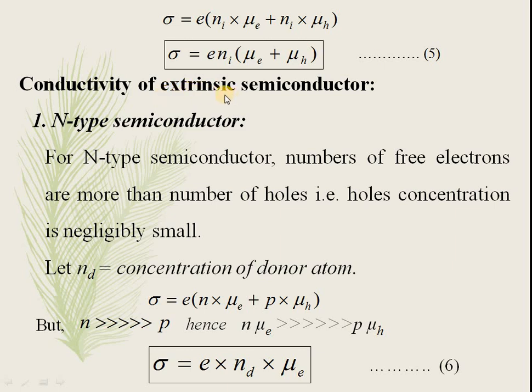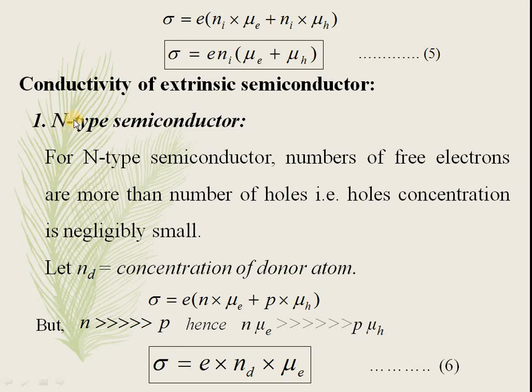Those semiconductors are known as extrinsic semiconductors. Pentavalent or trivalent impurity is added to increase the electrical conductivity. Depending on the impurity added, the extrinsic semiconductor is again divided into two types: N-type semiconductor and P-type semiconductor.